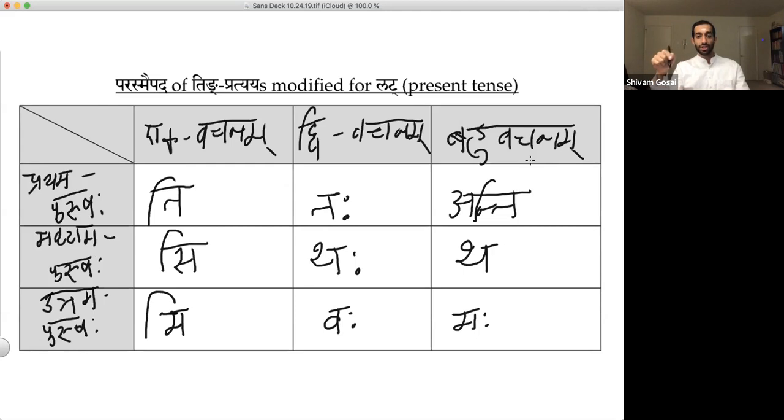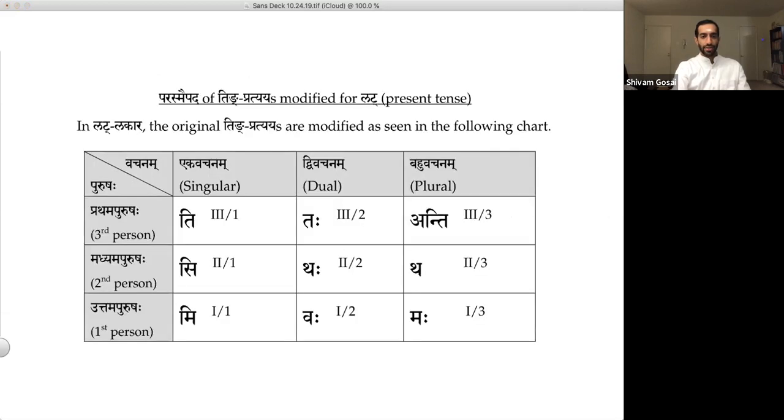Okay, so I encourage you to continue looking at this after the class so it comes to your memory, okay? So we'll continue. So this is what it looks like. This is in your textbook, page 33, your white book. So in case you want the final forms in more of a clear way.